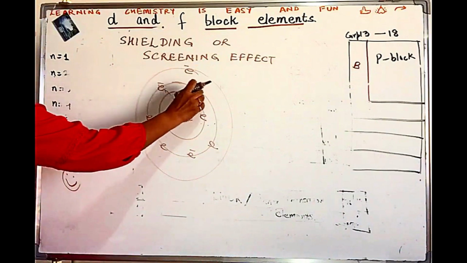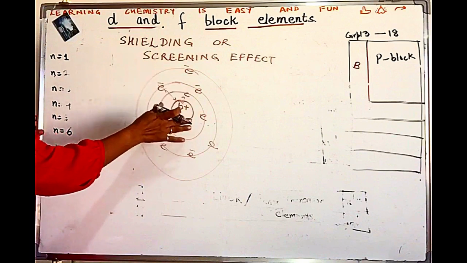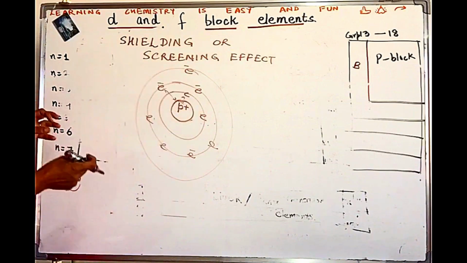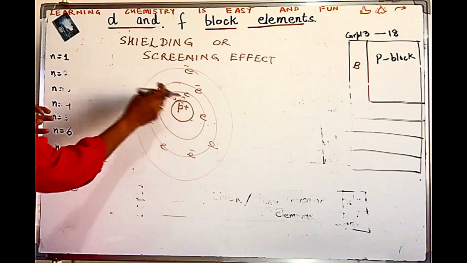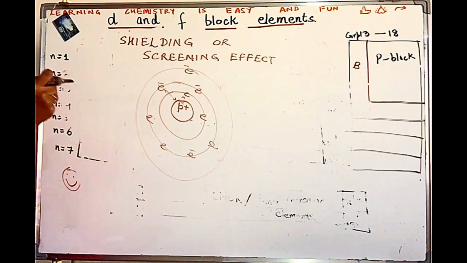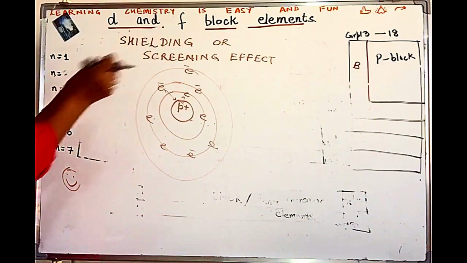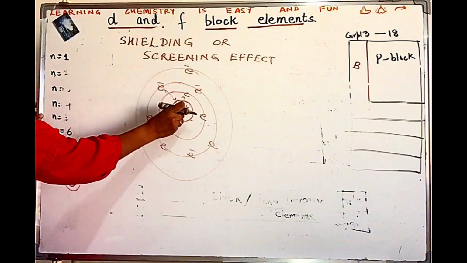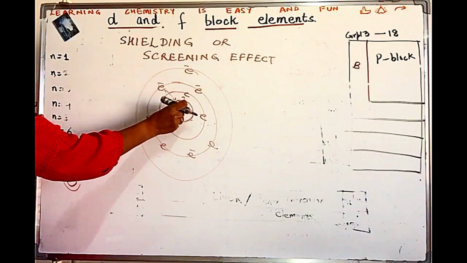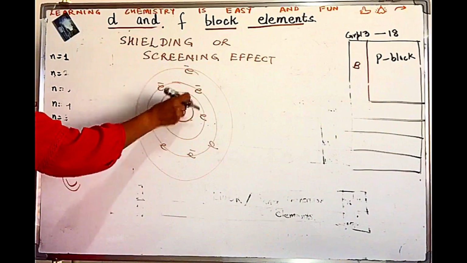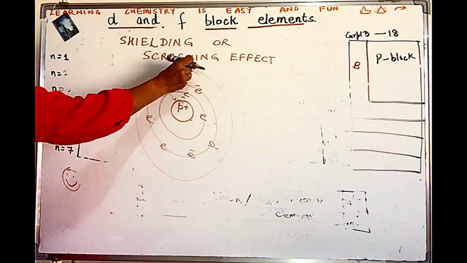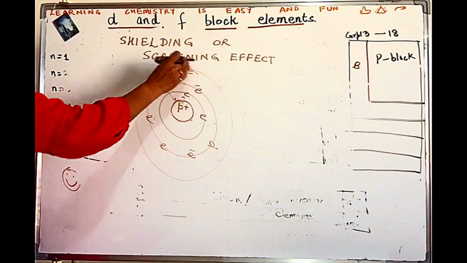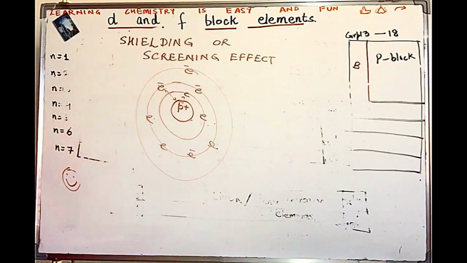The electrons which are in the inner shell are very possessive of the love of the protons. They say, everything should be ours. We don't want it to spread more and more. So they prevent the force of attraction of the proton from reaching the electron which is located further away from the nucleus.